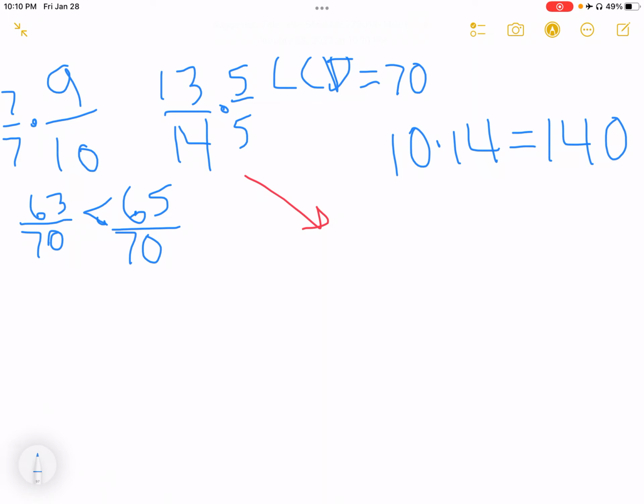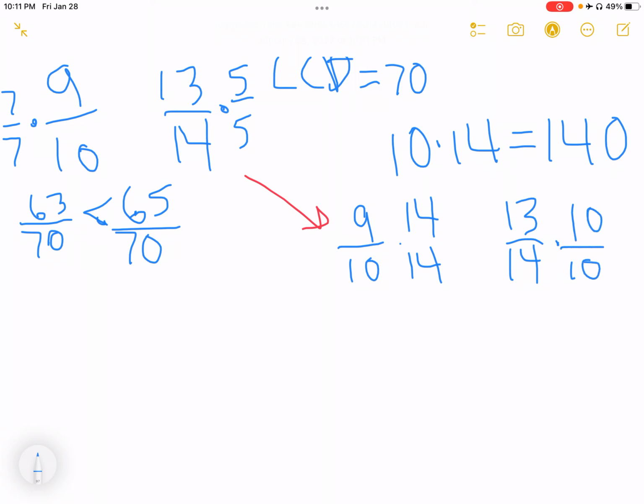So now if we do that, we do 9 over 10 times 14 over 14, and then we do 13 over 14 and multiply this one by 10. And if we did 9 times 14, we get 126.